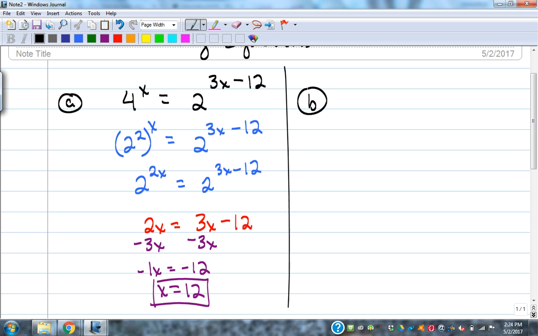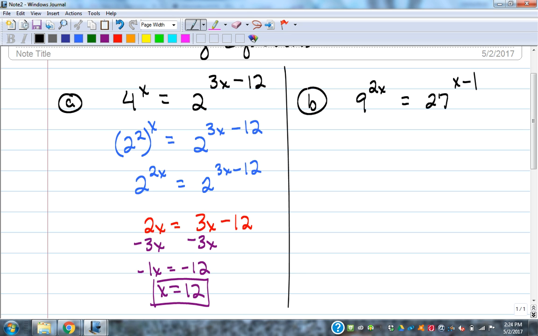Example B. Just go over there to the right. 9 to the 2x equals 27 to the x minus 1. Those bases are not the same, but are they related? How are they related? 9 times 3 is 27, but 9 is really 3 squared, and 27 is really 3 to the third.